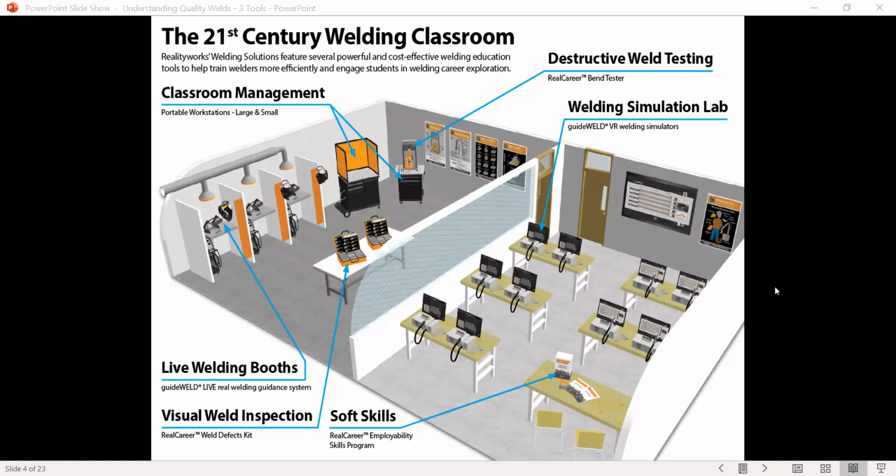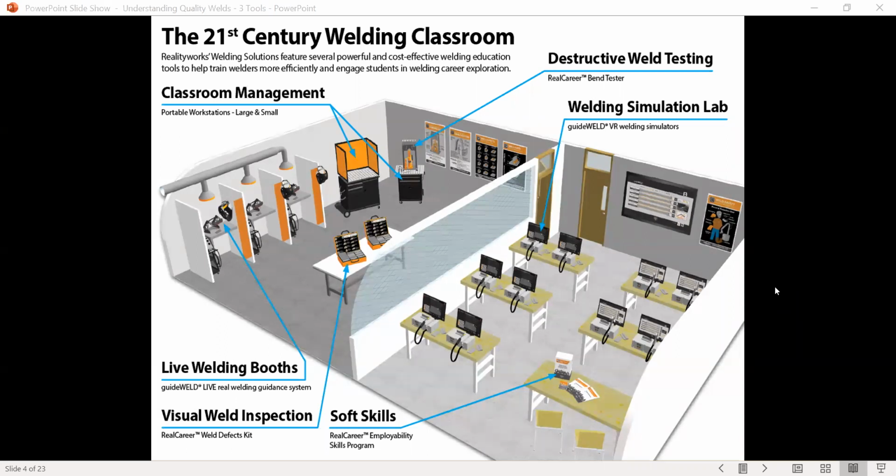We have our Guide Weld VR welding simulators that you would have in the classroom, where students learn proper welding technique before they would ever step foot on the shop floor. Or after doing some welding out on the shop floor, they may need to come back and hone their skills using our Guide Weld VR welding simulators, giving them that upfront usage and understanding of proper welding technique.